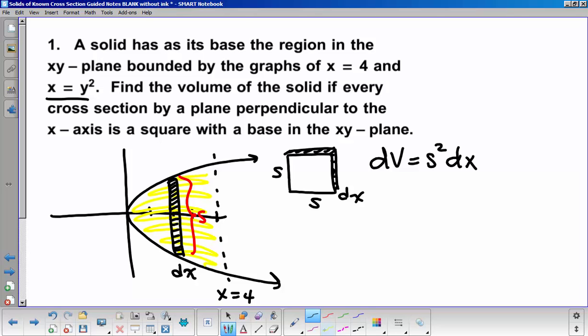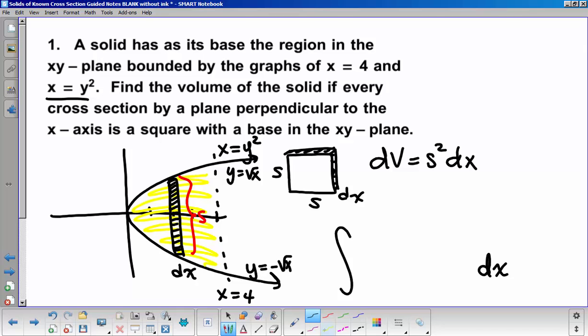I need my integrand in terms of dx. This is x equals y squared, so y equals root x, and this is y equals negative root x.